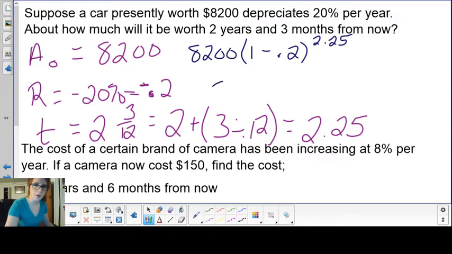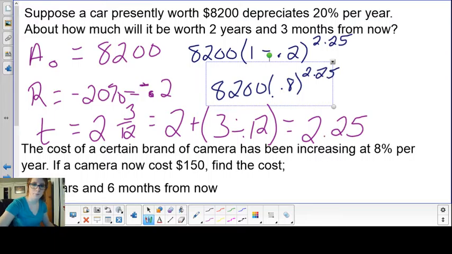Which, when I do my subtraction, is 8,200 times 0.8 to the 2.25, which is equal to $4,963.25.